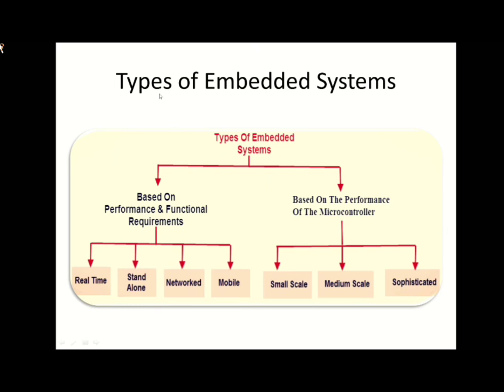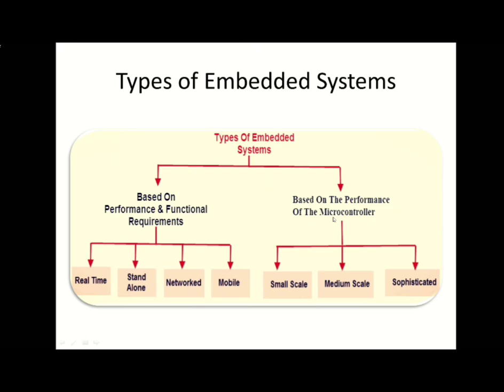Now, let's see what the types of embedded systems are. Embedded systems are classified into two categories: one based on performance and functional requirements, and the other based on the performance of the microcontroller.